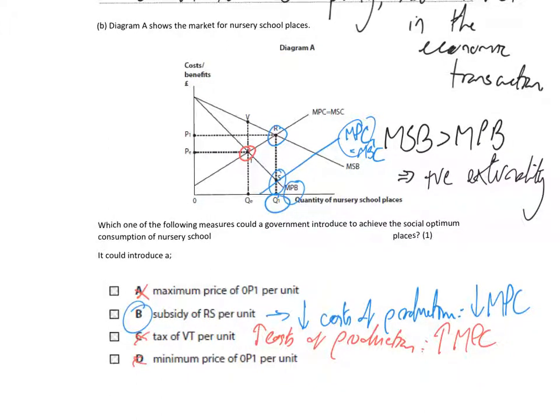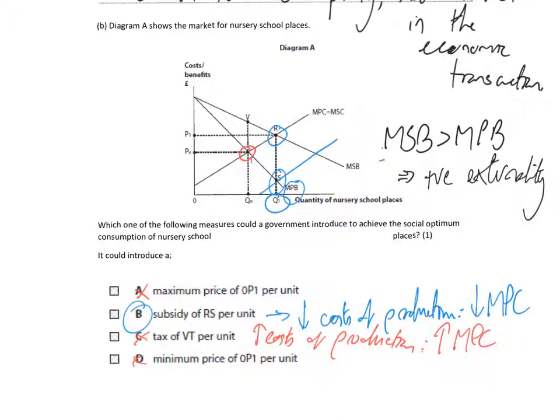The final part of this question asks us to annotate two areas on the diagram. The first is the area of welfare gain that would be achieved from this successful government intervention, and also what the socially optimal level of consumption or the quantity would be. Well, we've already covered one of those, so we know that the socially optimal level of consumption is at Q1.